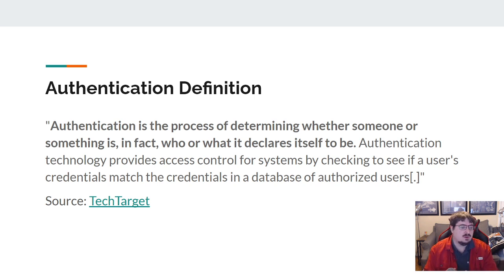Authentication technology provides access control for systems by checking if a user's credentials match the credentials in a database of authorized users. So in general, we'll take whatever credentials you give and check that against the database and make sure that they're all good. And then that will either give us a yes, it's all good, or no, at least one of them is wrong, so you're invalid. All of them have to be right.